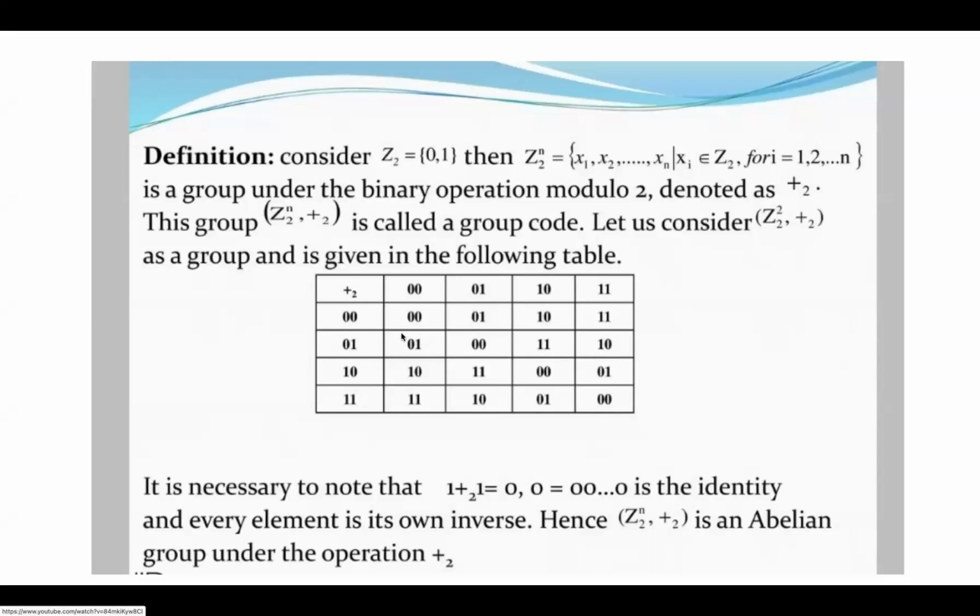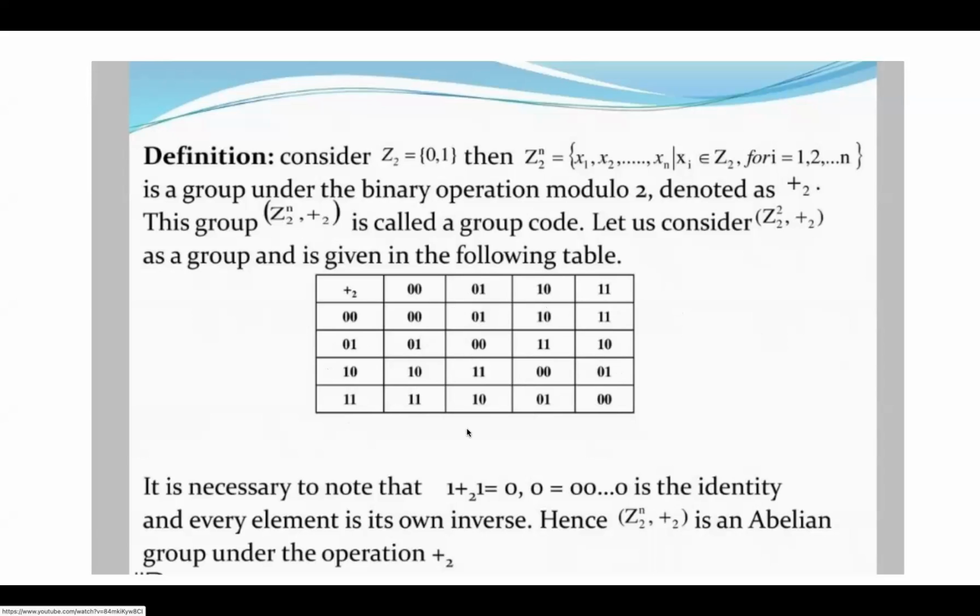Same here, 10 plus 00 is 10, 10 plus 01 is 11, 10 plus 10 is 00, and 10 plus 11 is 01. And in the last row, 11 plus 00 is 11, 11 plus 01 is 10, 11 plus 10 is 01, and 11 plus 11 is 00.